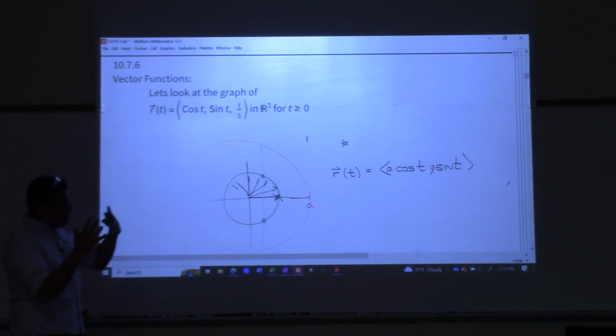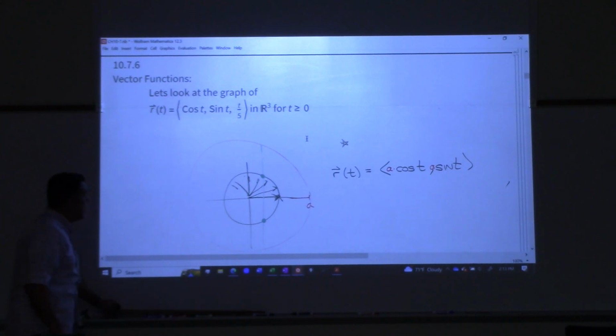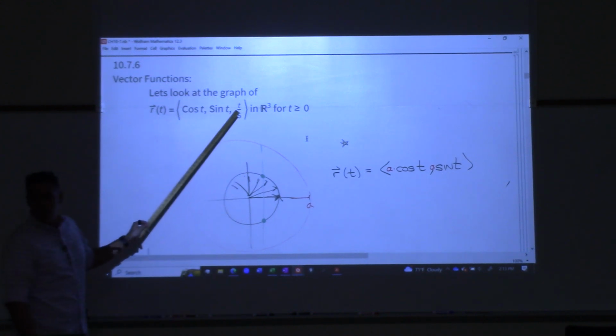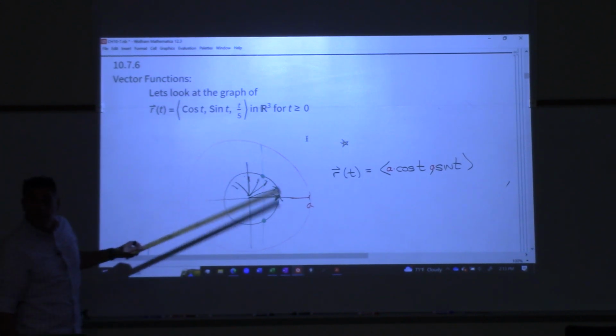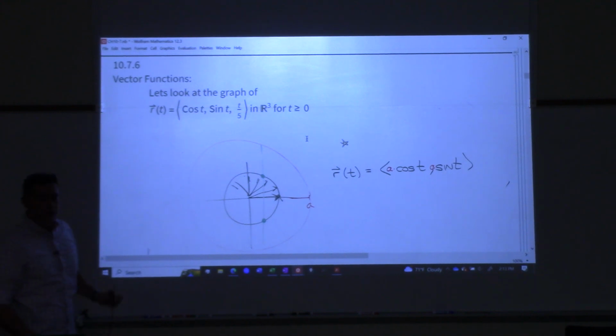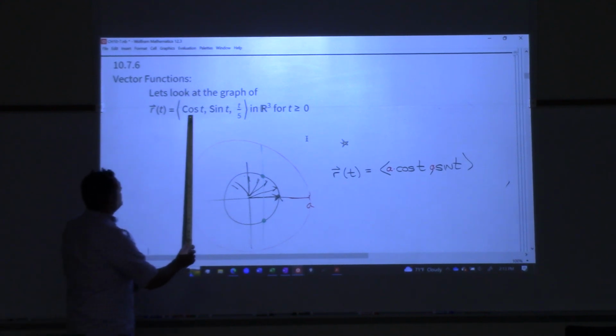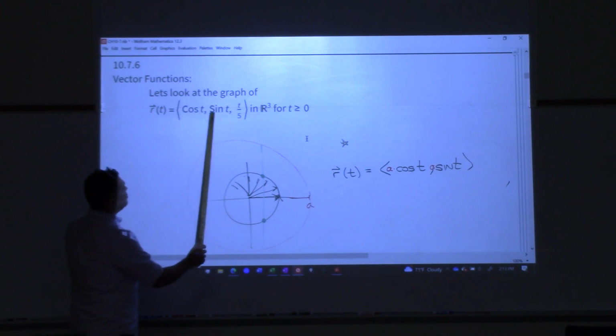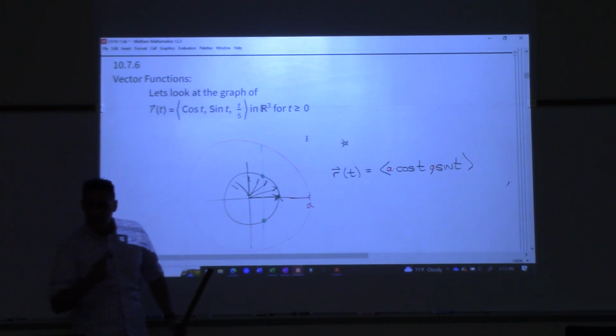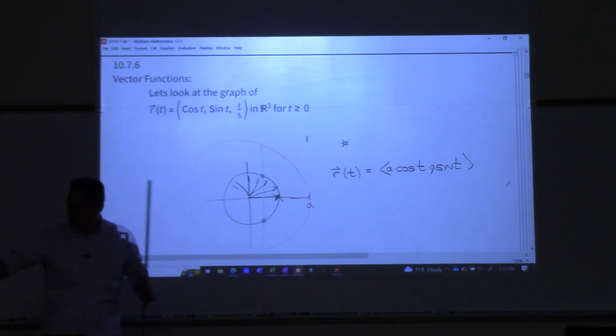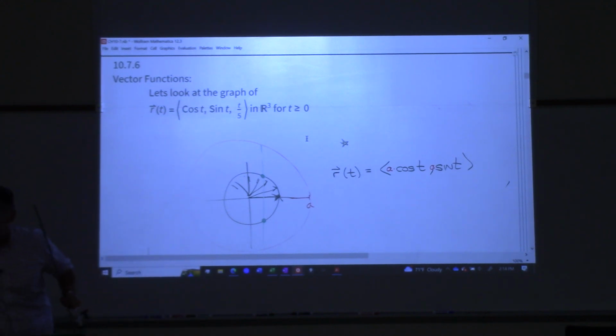So now with that in mind, what does this draw? Like a spring. So what's happening here is, as t goes, the first 2 components are trying to draw a circle in the xy plane. So it's like we're trying to draw a circle like this.